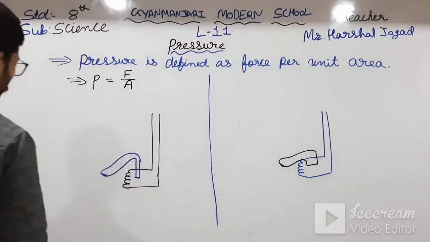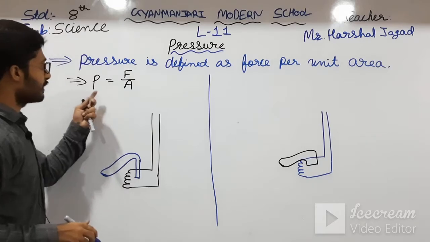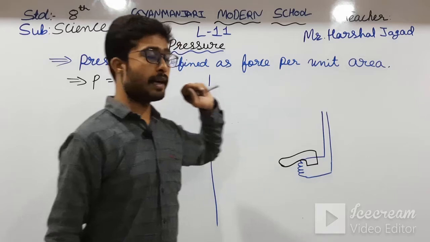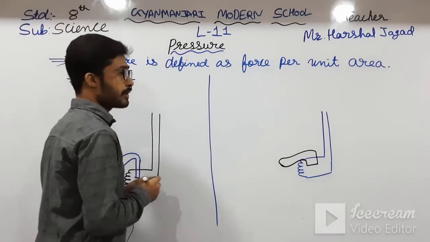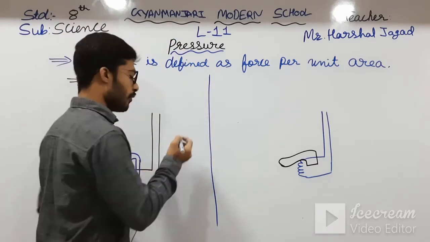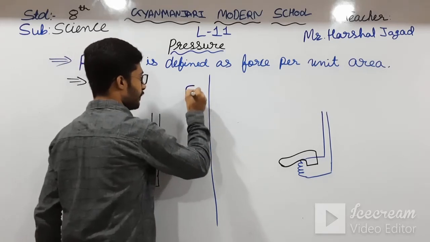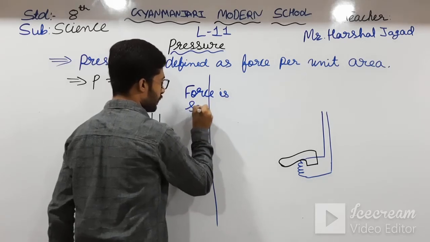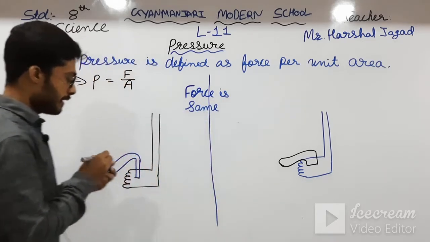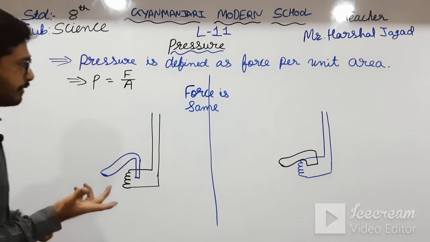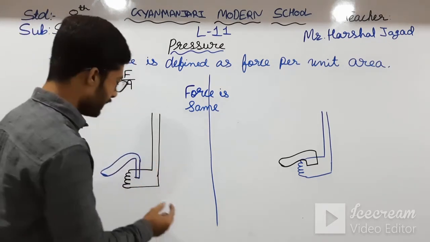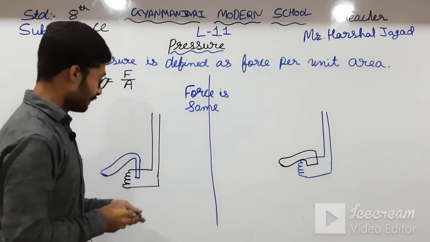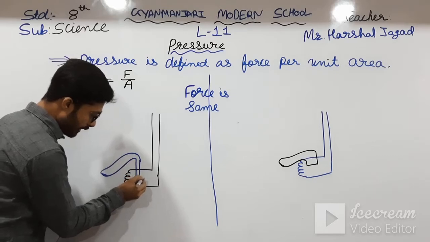In this, first of all, pressure is equal to force per unit area. In this case the force is the same. The difference is only in the area. You can see it is small in one case and big in the other.